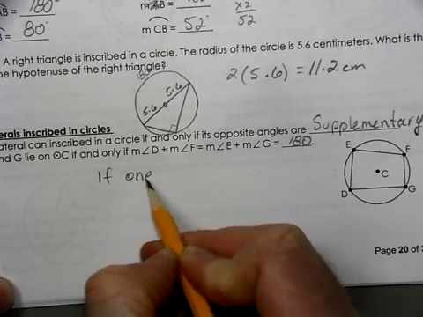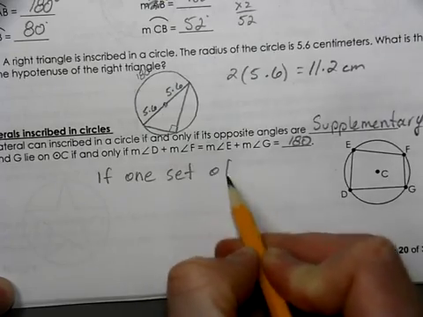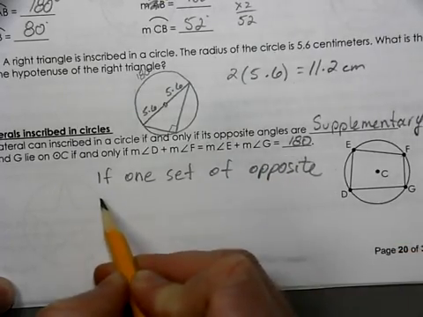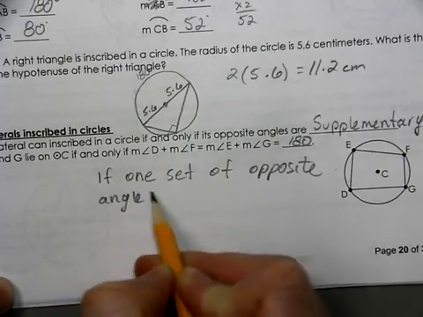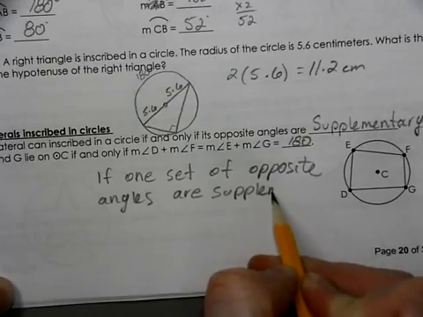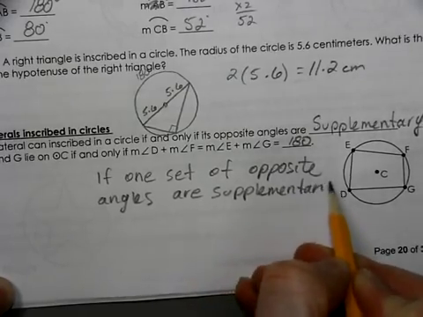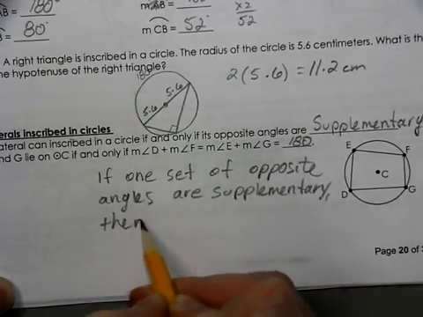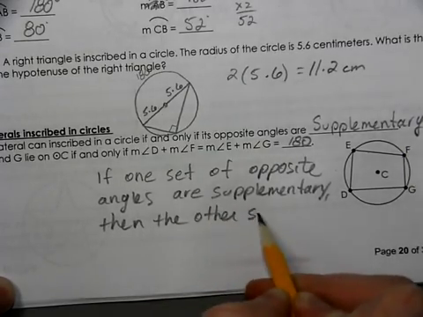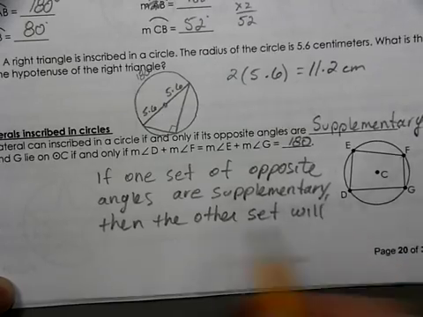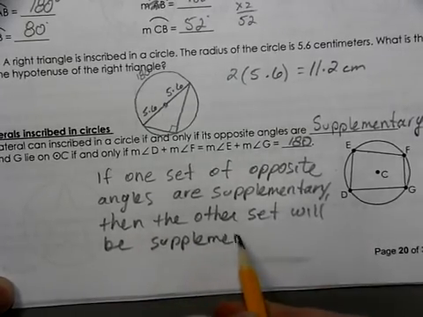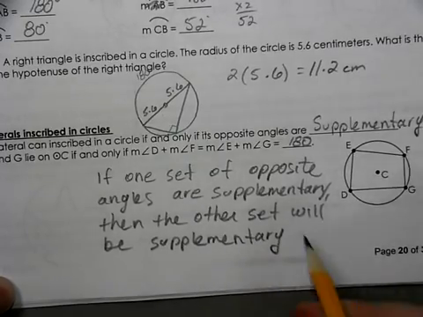If one set of opposite angles are supplementary, then the other set will be supplementary too.